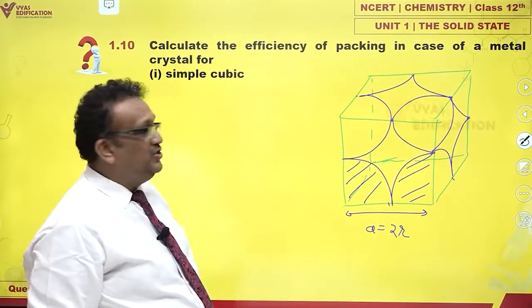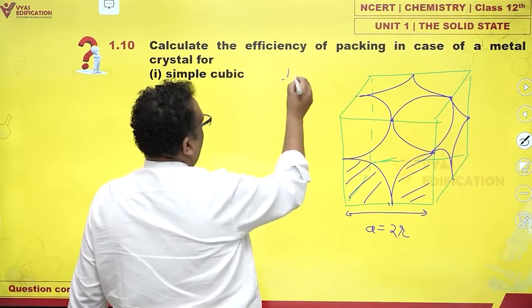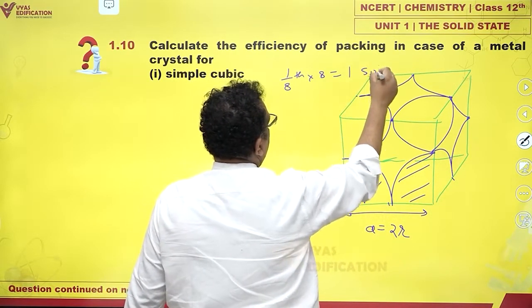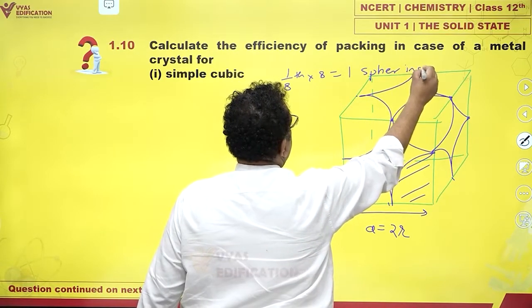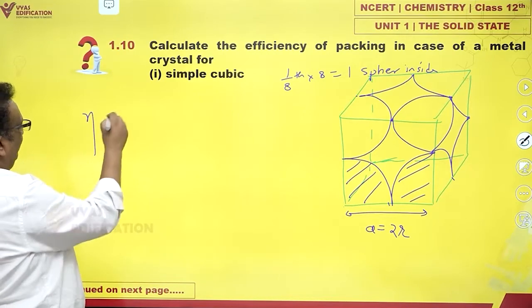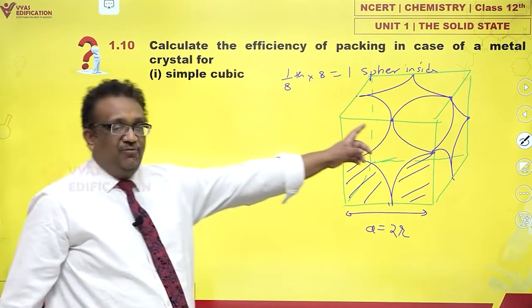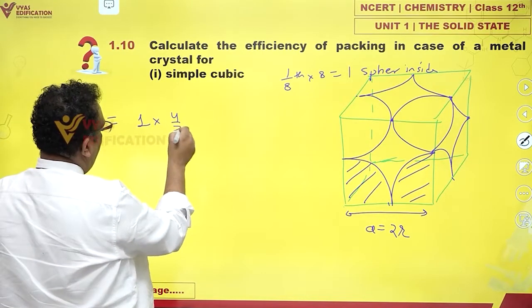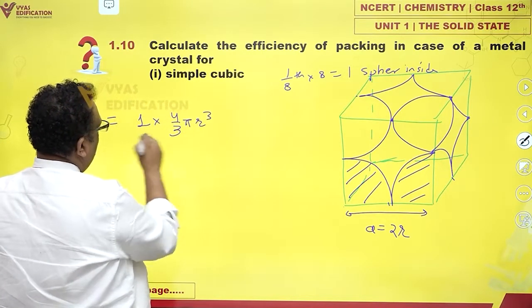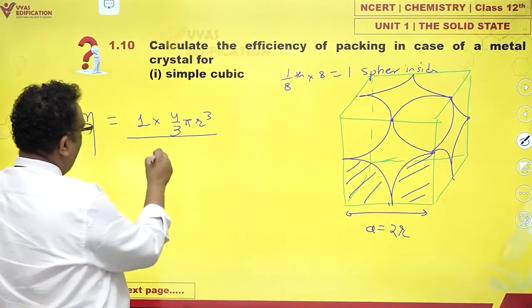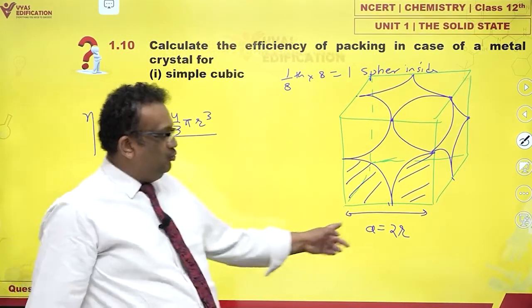What is the occupancy of this unit cell? There are 8 corners, 1 sphere inside. So packing efficiency: what is the volume occupied? Volume occupied is the volume of 1 sphere, 4 by 3 pi r cube, divided by the volume of the entire cube. Entire cube is A cube, but A is equal to 2R.